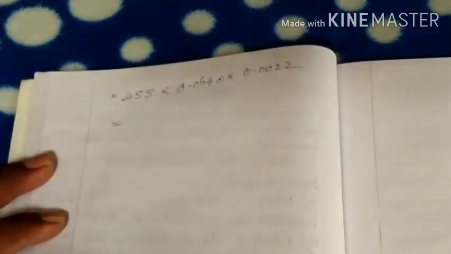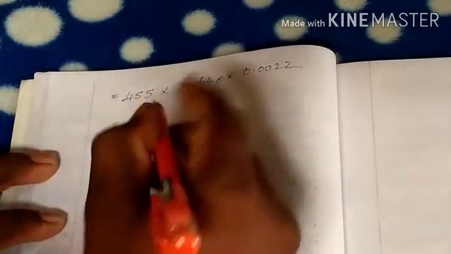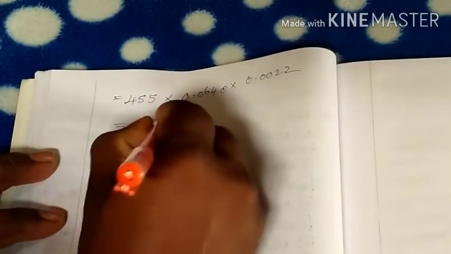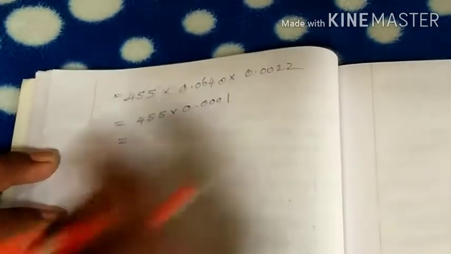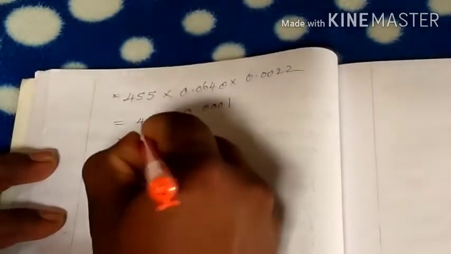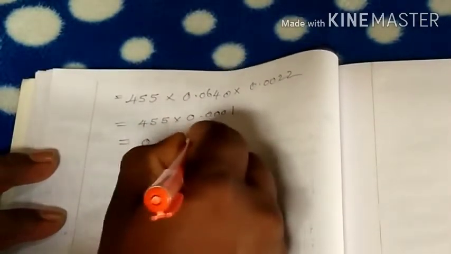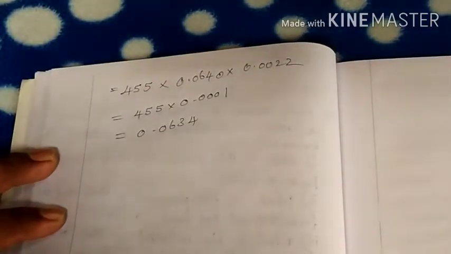Then multiplying all three values: 0.0022 into 0.0640 is 0.0001, into 455, which is equal to 0.0634. This is your first question answer.